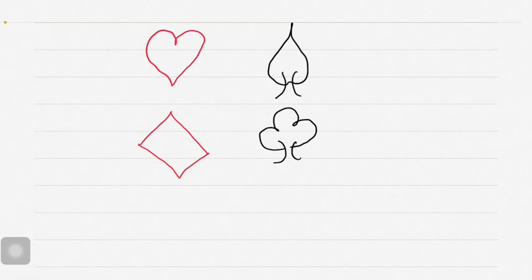These are the 4 signs. Spade and club are black in color, heart and diamond are red in color, right? And every sign has 13 cards.